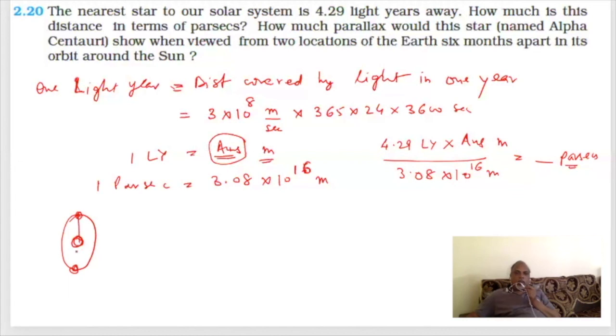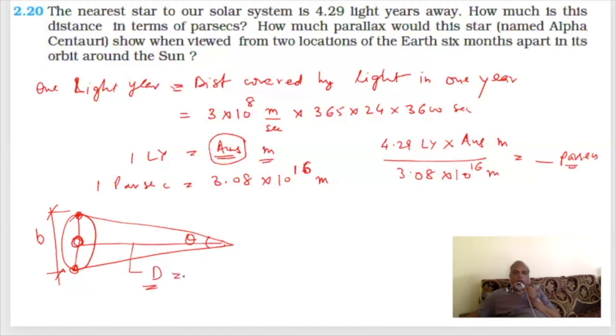So this is asking how much parallax there will be, meaning we have to find this theta. This distance is given from the last question, or it will be given in the question paper. In this question it is not given, but it will be given in the question paper.